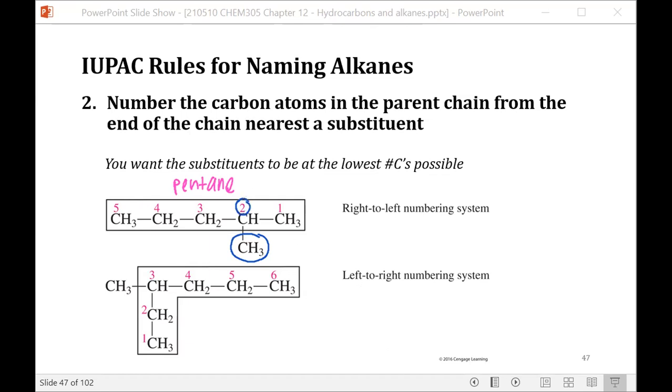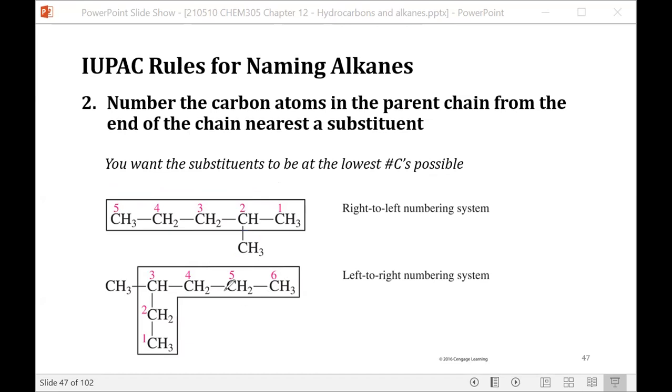If we did it the other way, 1, 2, 3, 4, 5, our substituent would be sticking off carbon 4. We always want the substituents at the lowest possible carbon numbers. Sometimes it'll be left to right, sometimes right to left, so you always want to check both ways.